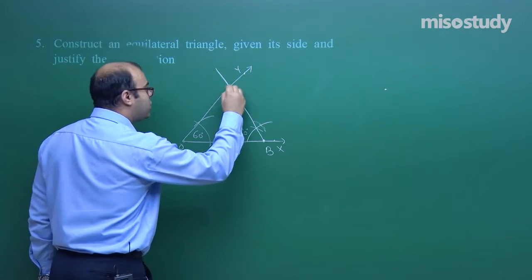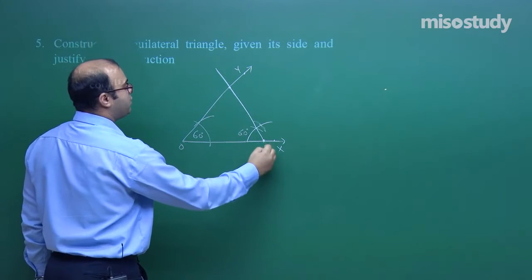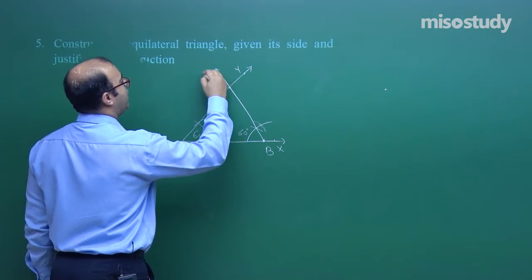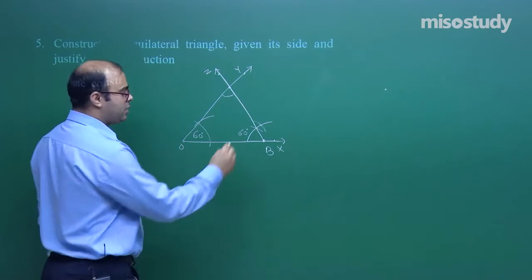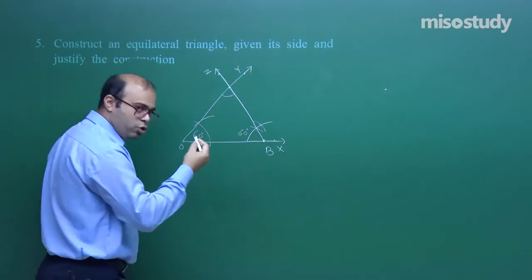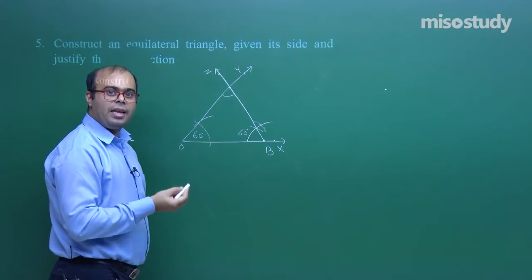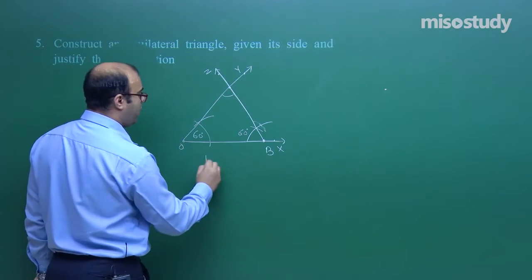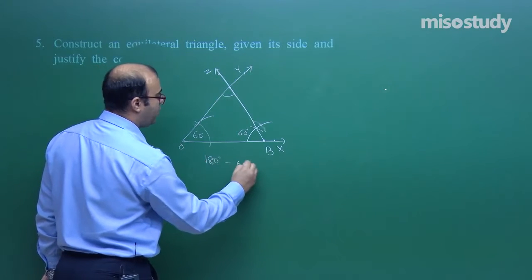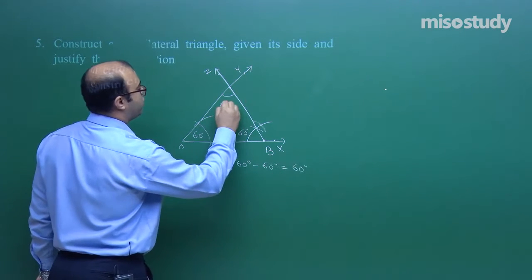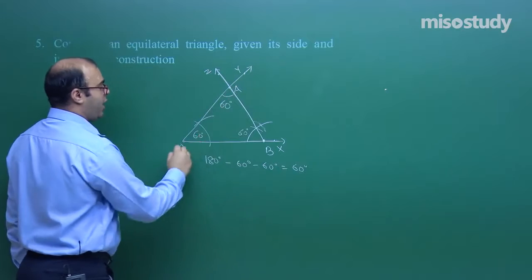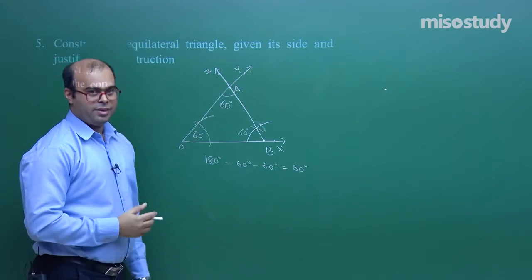Now the angle which is coming from the intersection of this ray BZ and OY is also 60 by the angle sum property, 60 plus 60, and this has to be 60 because total angle has to be 180 degree. So 180 degree minus 120 is equal to 60 degree. So this is also 60 degree. Let us call it A. So triangle OAB is an equilateral triangle, students.